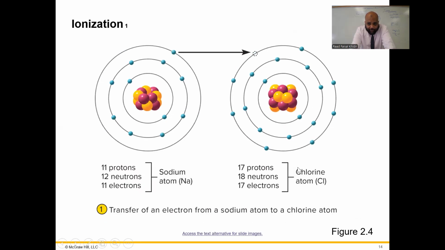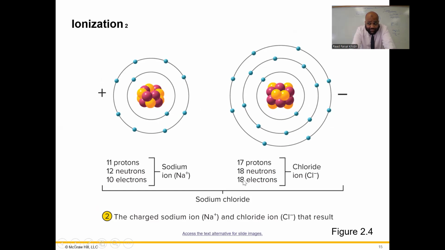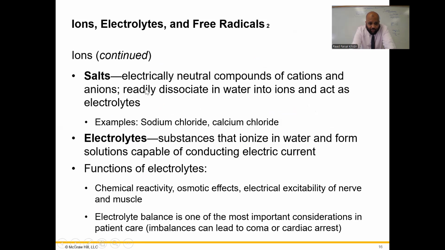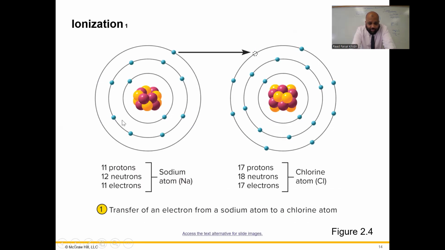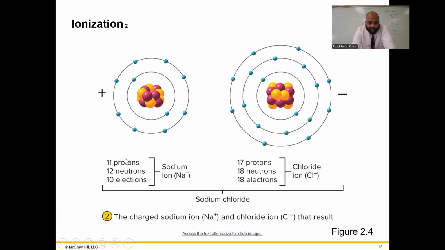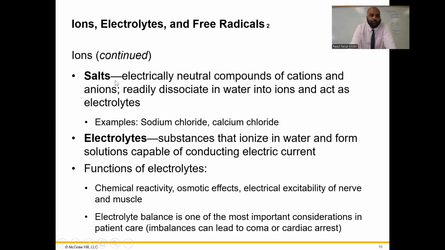So before, chloride had 17 electrons, now chloride has 18 electrons. And sodium had 11 electrons, and it lost 1. Now it has 10 electrons.